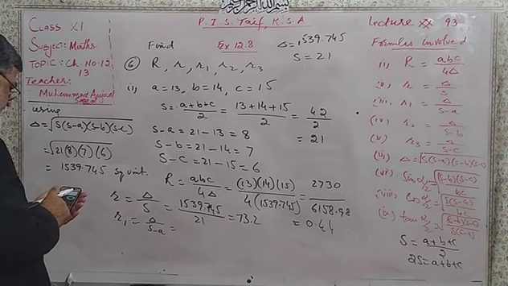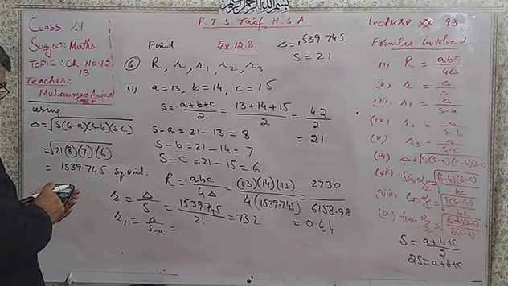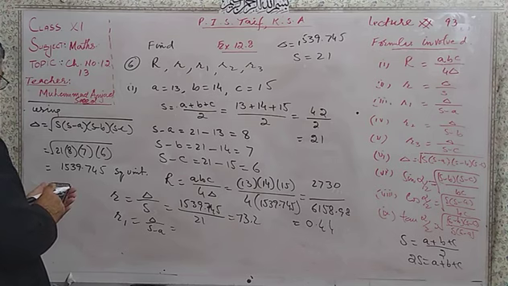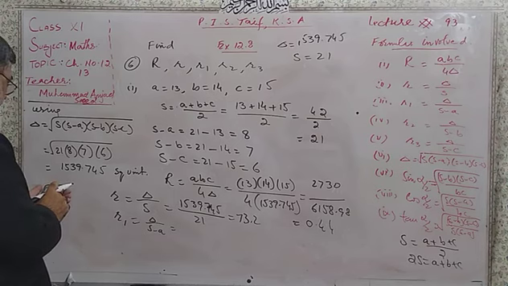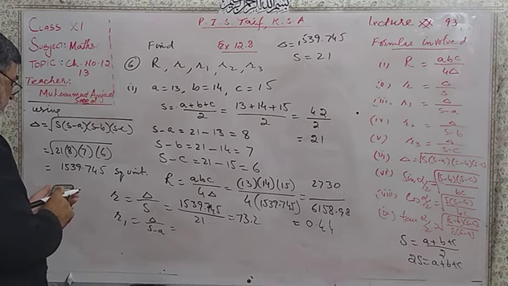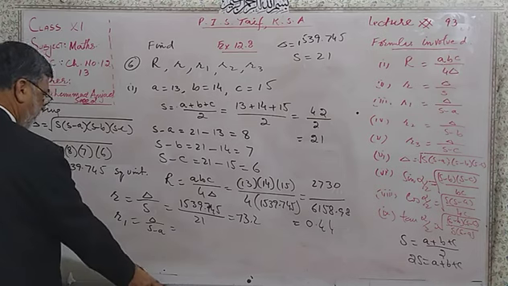We can check it again. 21 multiplied by 56 multiplied by 6, that is 7056, and we will take the square root of 7056. No, this number is not correct.